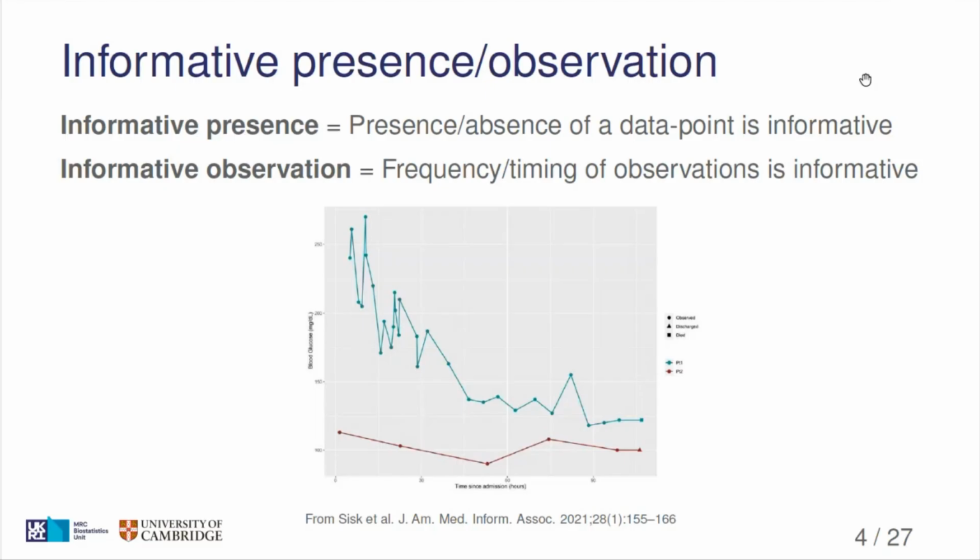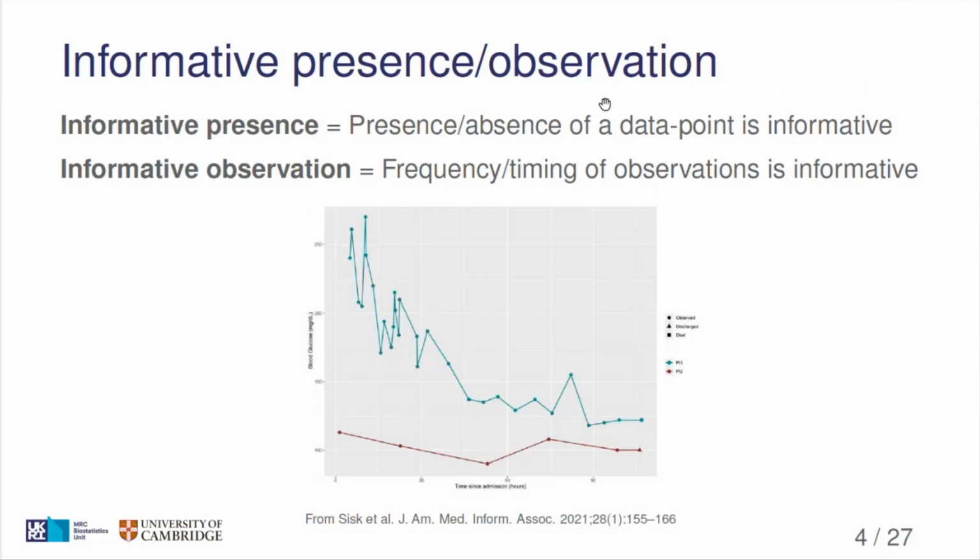So first, actually, let me say, I'm distinguishing between the terms informative presence and informative observation. So informative presence meaning that the presence or absence of a data point depends on the underlying thing. It depends on the thing that you're trying to model.